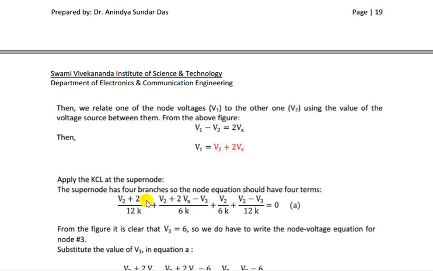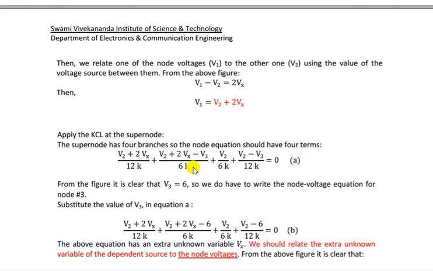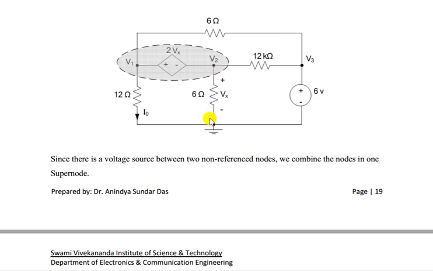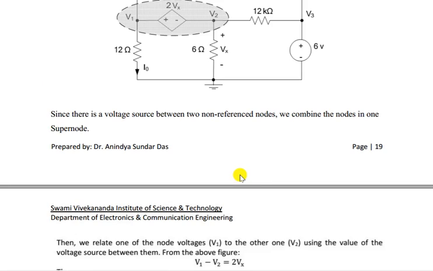That's why V2 plus 2Vx divided by 12k. Then V1 minus V3 divided by 6, instead of V1 I am writing V2 plus 2Vx. Then V2 minus 0 divided by 6, and V2 minus V3 divided by 12k.